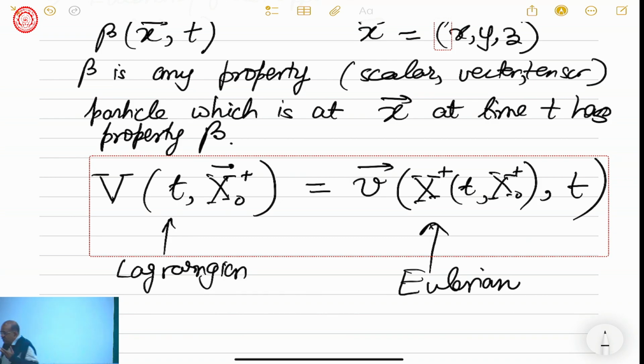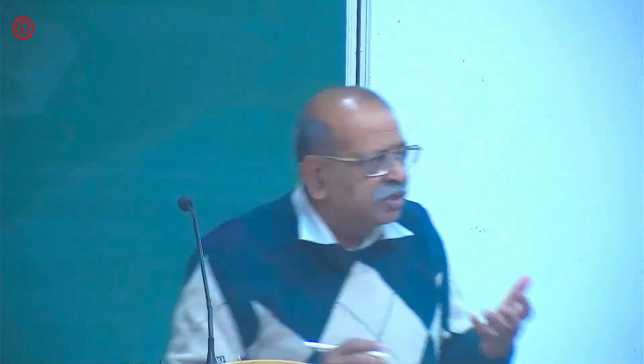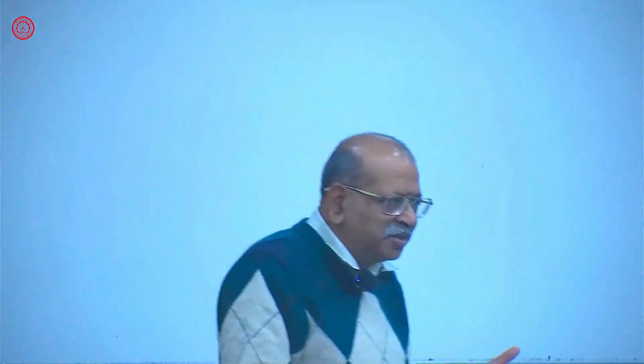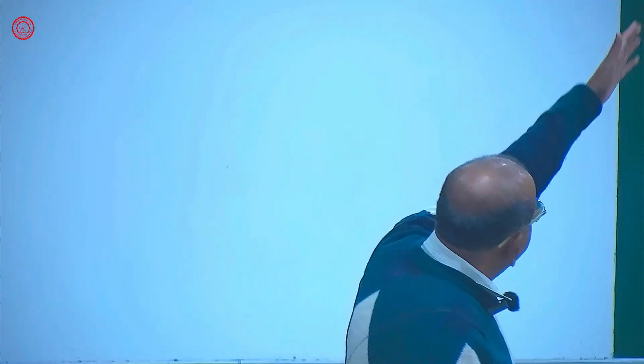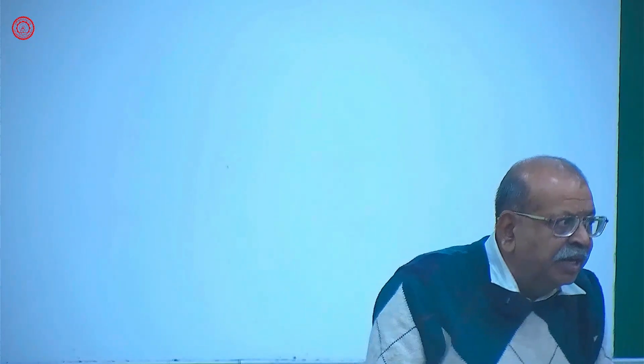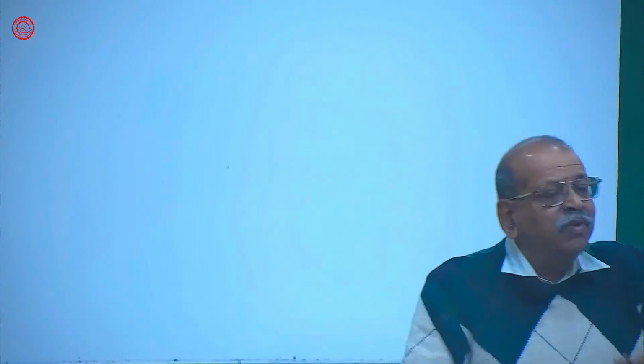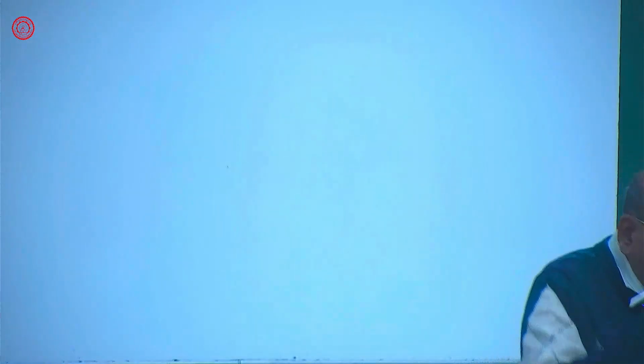Okay. Now, one of the things which happens is that all our laws are written for the Lagrangian frame, whereas in fluid mechanics, we will be taking the field approach. So we will have to relate the Lagrangian to the Eulerian. For example, in Cauchy's equation, the left hand side is rho a. Here the acceleration denotes acceleration of a particle.